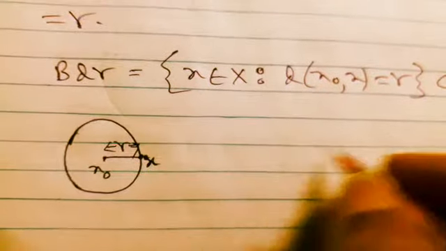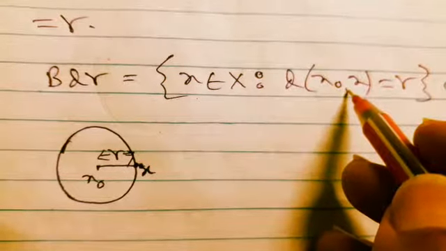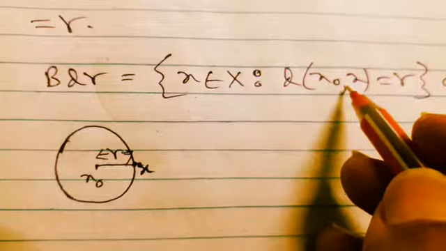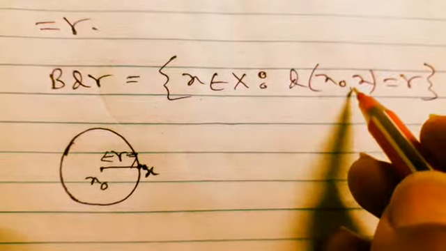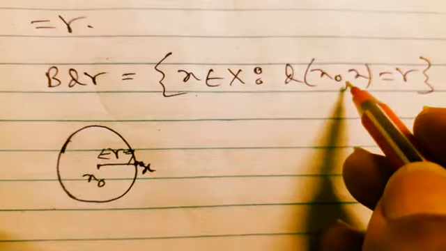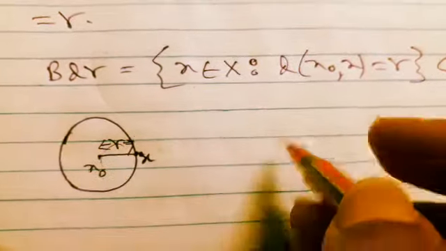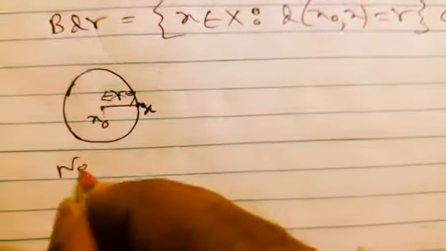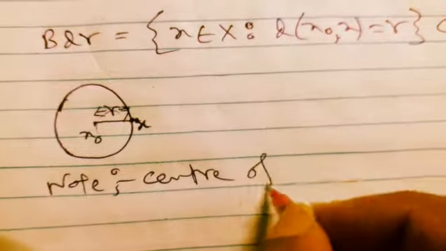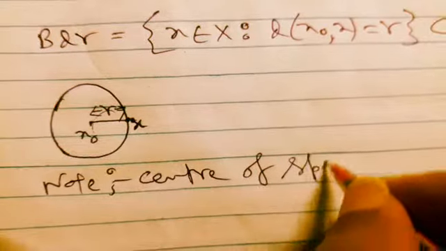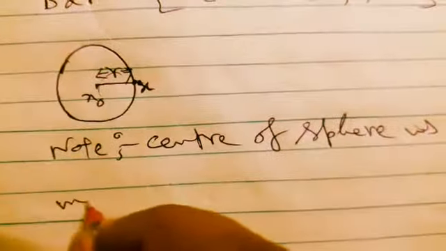In this way we define the boundary points of the open ball or closed ball B_r(x0). It should be noted here that the center of the sphere is not a member of the sphere.